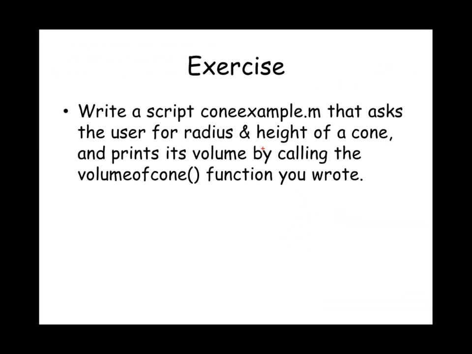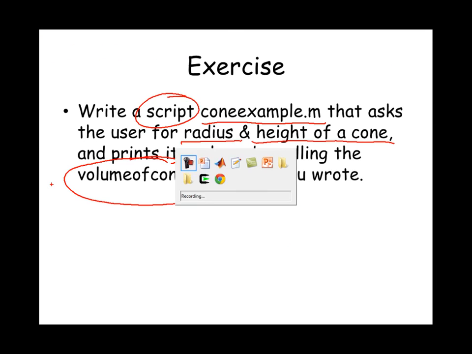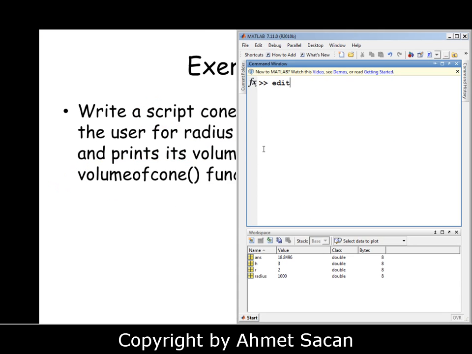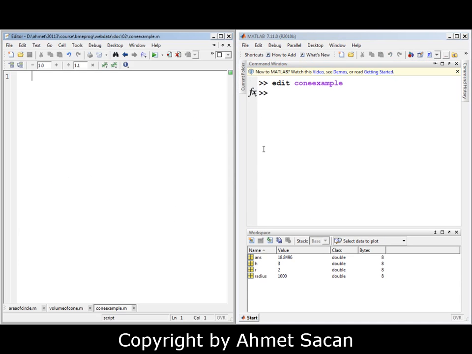Even though the names of the boxes may be the same, they are in different rooms, they would contain different contents. In the last example, we will write a script, not a function, a script that has the name cone example, and it will ask the user for a radius and height of a cone, and it will print its volume by calling the volume of cone function that we just wrote. Again, we will start by saying edit cone example.